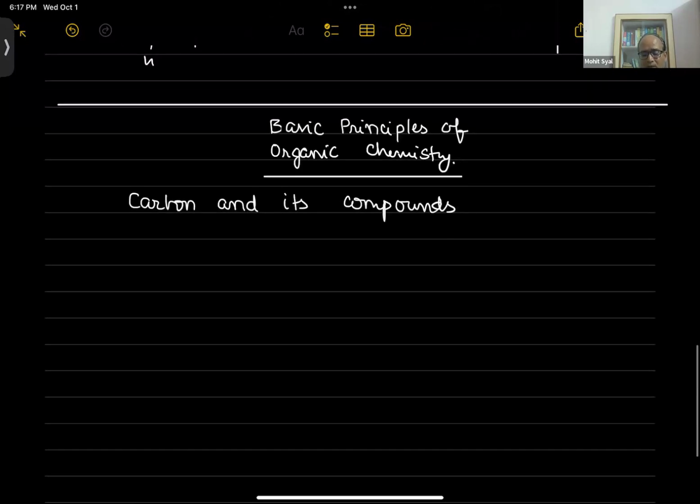Actually, Wohler synthesized the first molecule in the lab. Wohler synthesized from ammonium cyanide, which was heated and changed to urea.